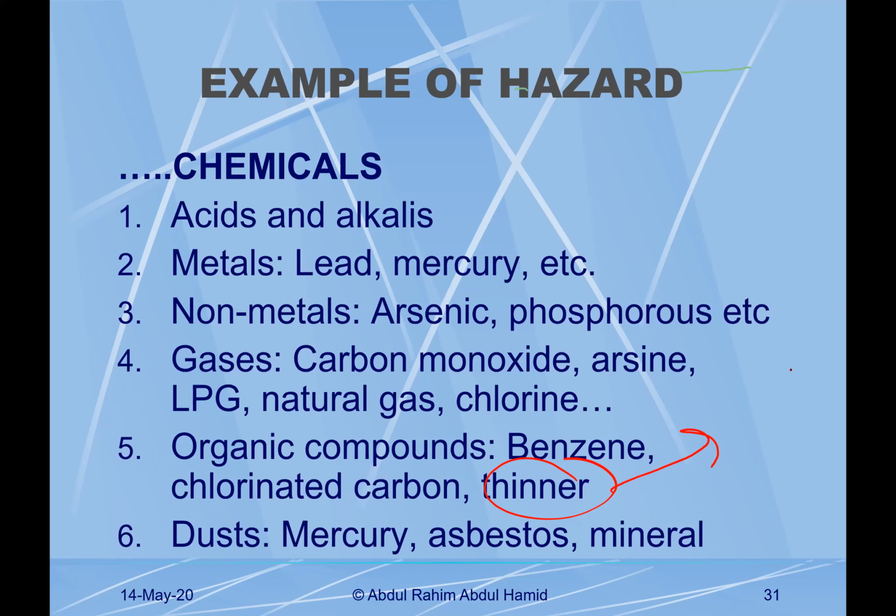In a small quantity thinner is very friendly, but if you bring thinner in a big container, in bulk, it can be highly flammable, even thinner, not to mention other materials.